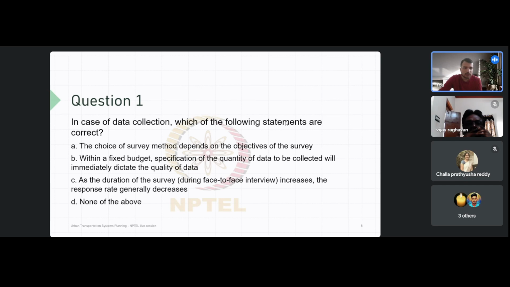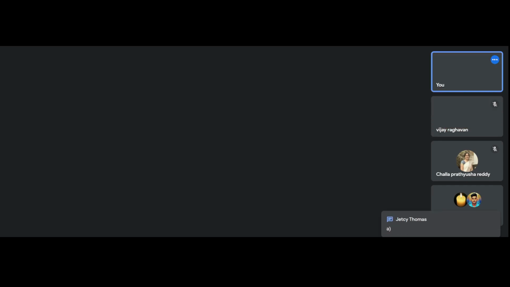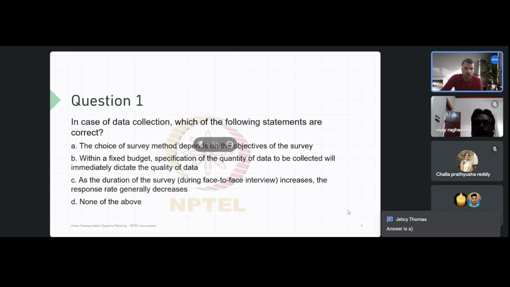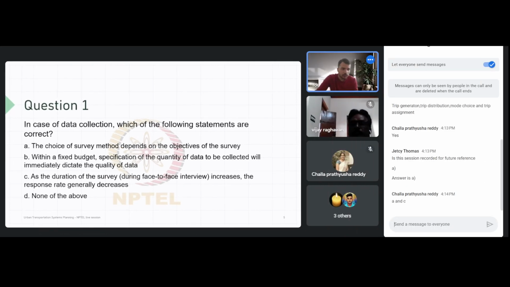Since we are starting with this question, can I have some response? Which are the options which are correct here? Just a quick response. Okay, okay, we have two responses.